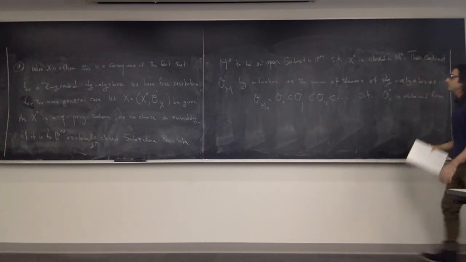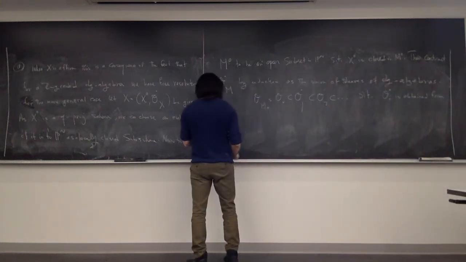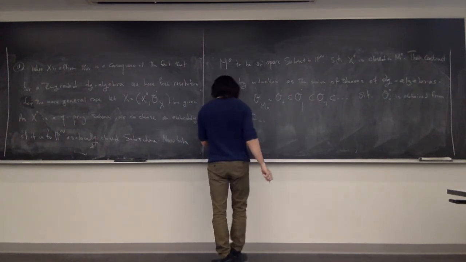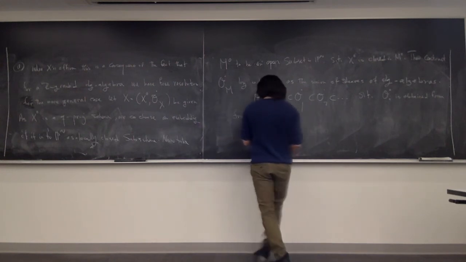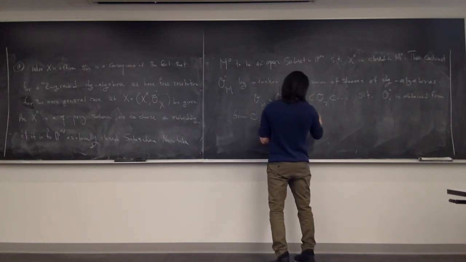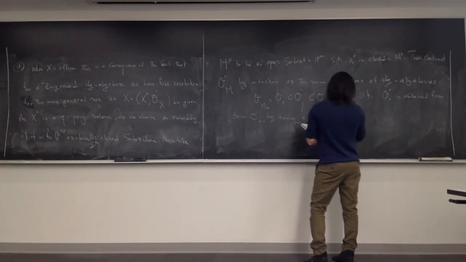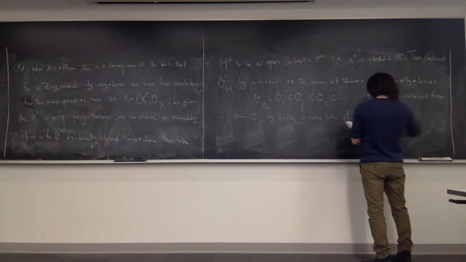This is what exactly it is. O dot I is obtained from O dot I minus 1 by adding a vector bundle of generators in degree I.